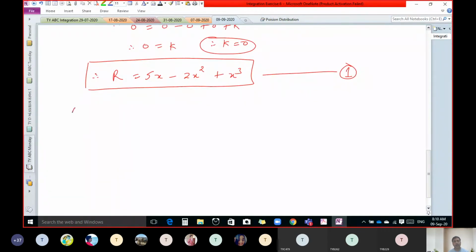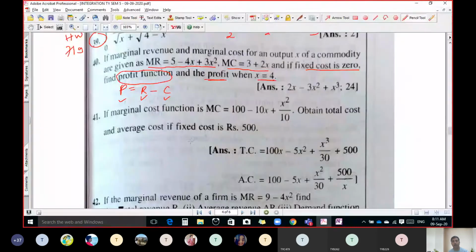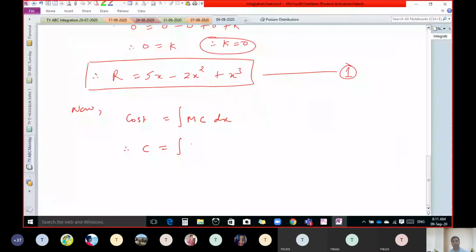Okay. Now total cost. Cost is nothing but integration of marginal cost. So C equals integration of, what is the formula of marginal cost? 3 plus 2x. It is given in the question. Now integrate: integration of 3 plus integration of 2x.